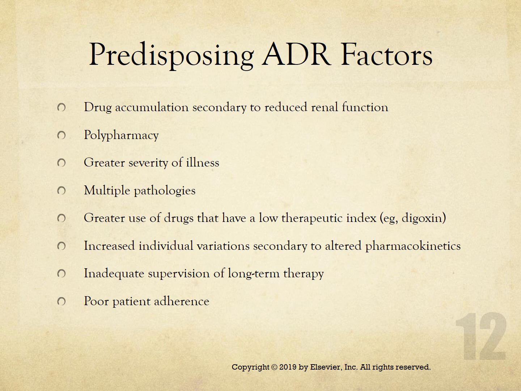There's increased individual variation. There's inadequate supervision of long-term therapy, especially if the patient's still living in their own home, or even if they are living with family members, but no one's really paying attention to what they're taking. And then there's poor patient adherence for multiple reasons.